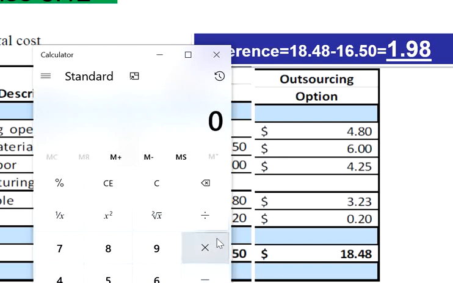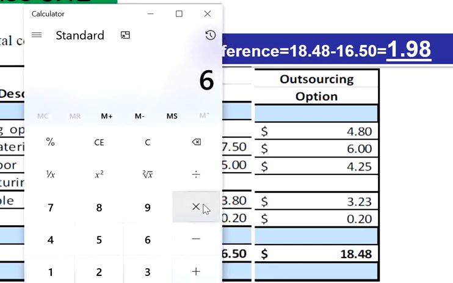If I add 6 plus 4.25 plus 3.23 plus 0.20, that is 13.681.